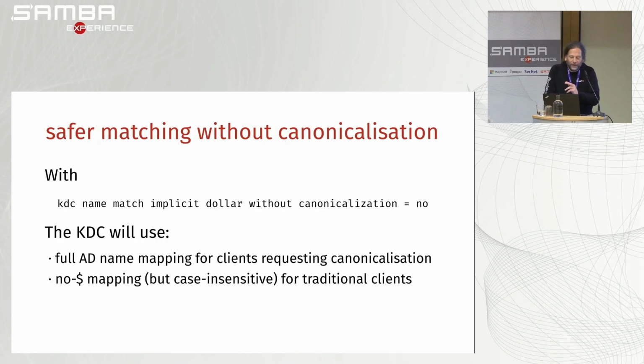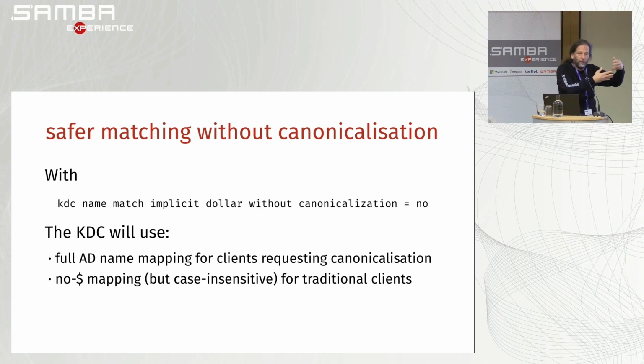And I also made another option where if you ask for canonicalization, it works like normal. If you don't ask for canonicalization, it will just refuse to do that thing where the name with the dollar on the end and the name without the dollar on the end can be confused.